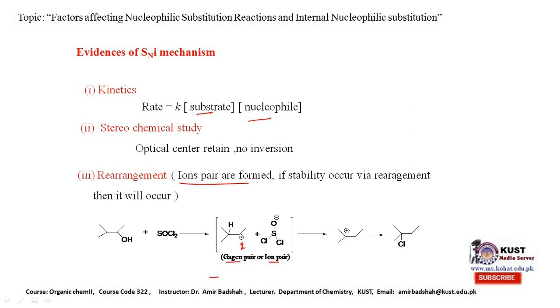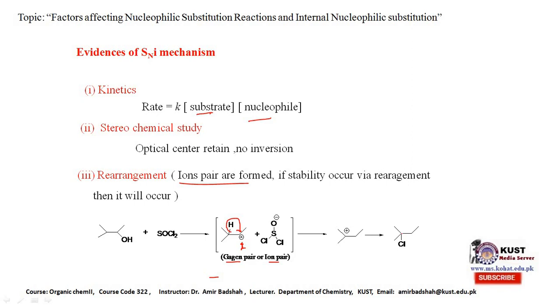So secondary can be converted easily into tertiary when this hydrogen along with its electrons shifts here. Then the positive charge will appear on this one. If the positive charge appears on this one, then the chloride will attack on this positive center. So which has been removed or left from here, and the chloride attacks on this position. It means it doesn't attack on the position through which the leaving group has left, but it attacks on the other position.